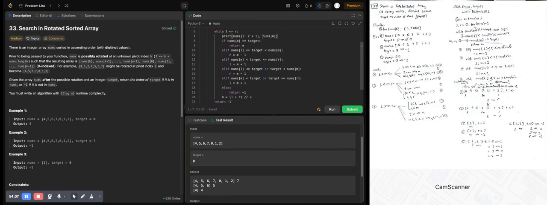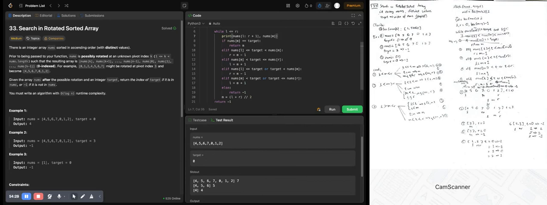Target is not between left and right. Yes, we don't go there. Target is between mid and right? No. Target is larger than left?